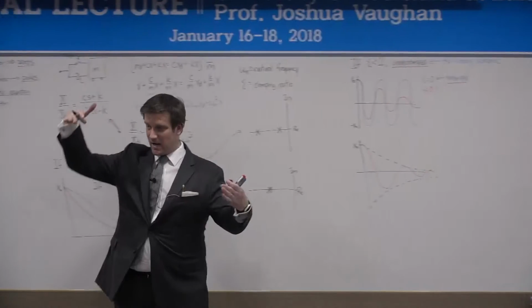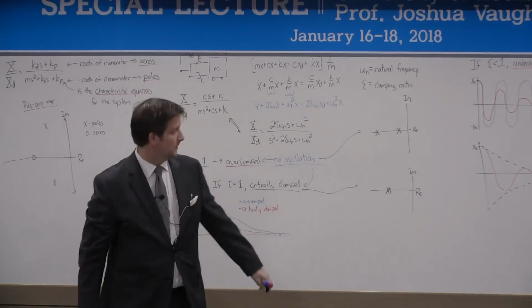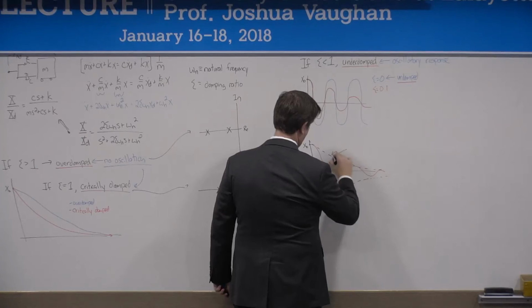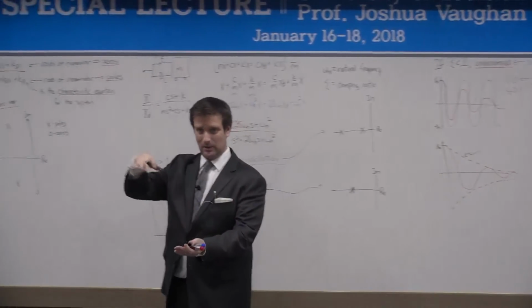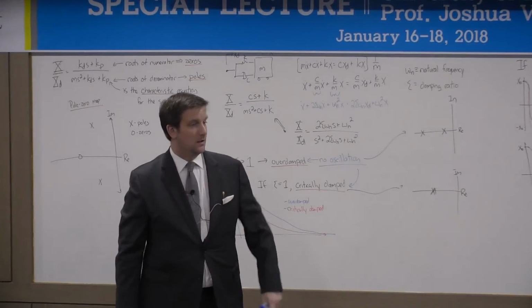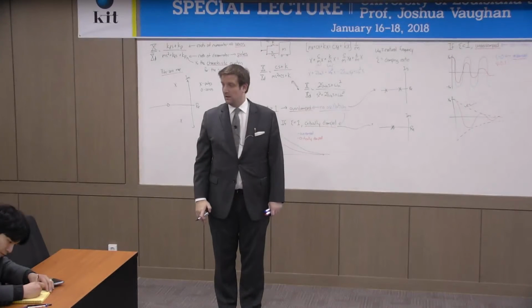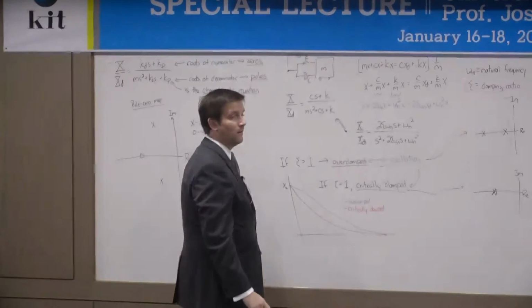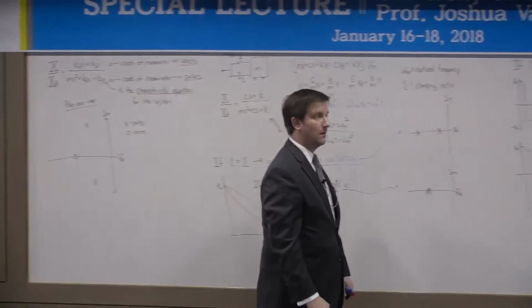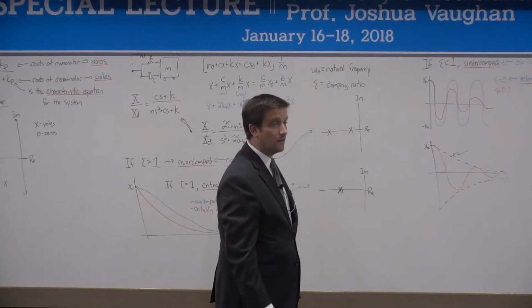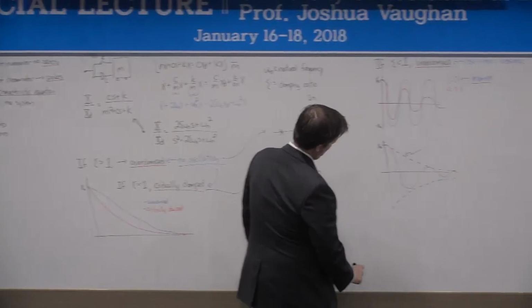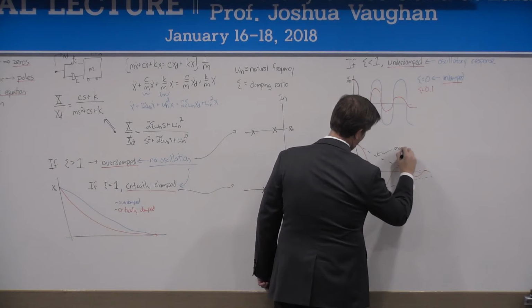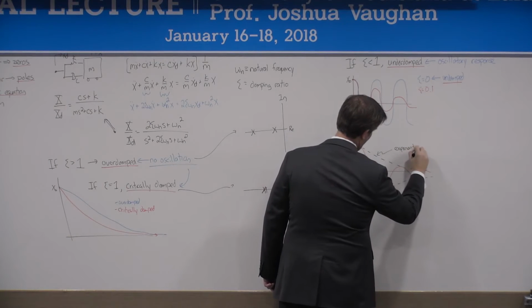We see our response stays between those two curves always. What kind of shape is that? Any guesses? What's that decay envelope look like? Not quite. It's actually just an exponential. Yeah, there you go.